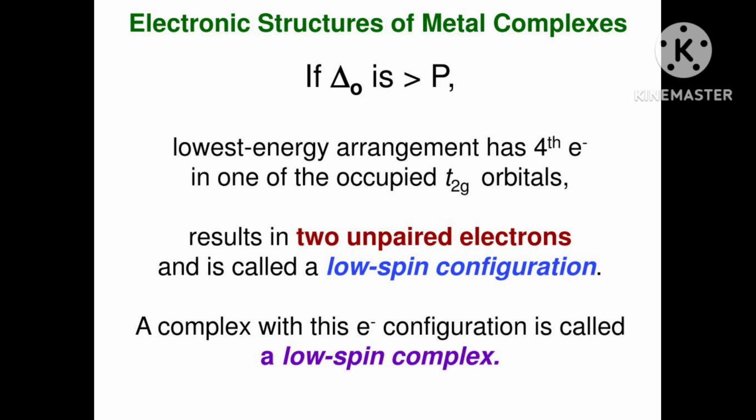Now the second example: cobalt with 5 ammonia, and in place of chloride there is 1 H2O. This is the complex [Co(NH3)5(H2O)]3+.